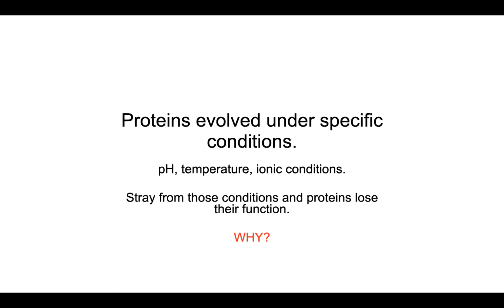Proteins evolved under specific conditions. As those proteins were evolving, right, that the organisms were evolving, that the proteins were in, they evolved to have a proper function, proper structure under a specific pH, a specific temperature, specific ionic conditions, etc. If you take a protein and you put it into an environment that strays away from those optimal conditions, that protein is going to lose its structure.